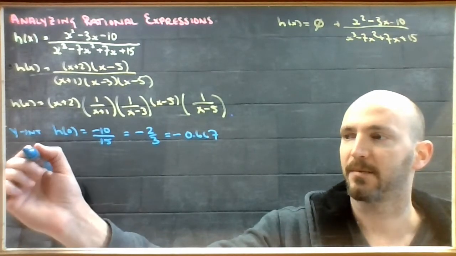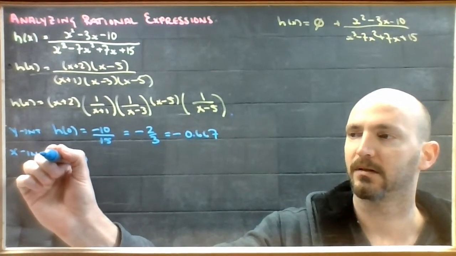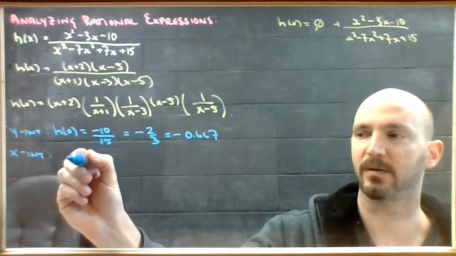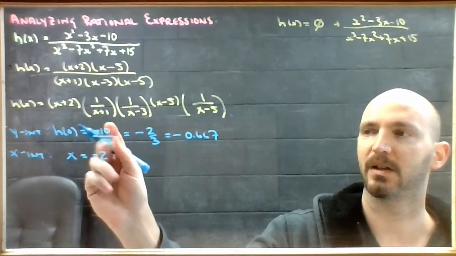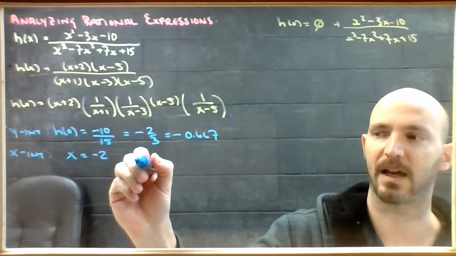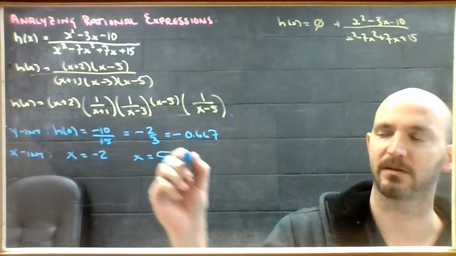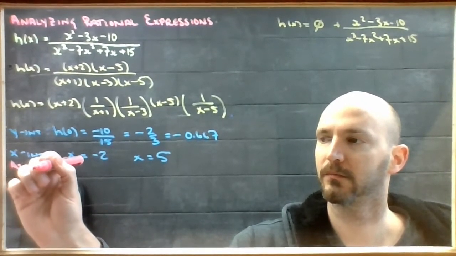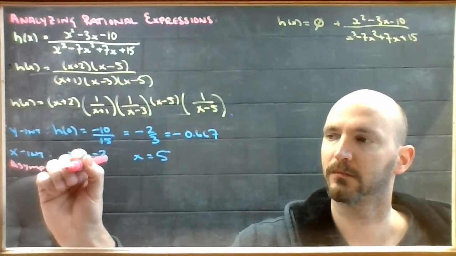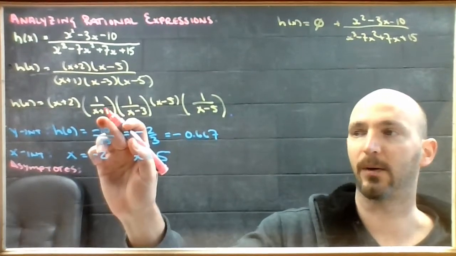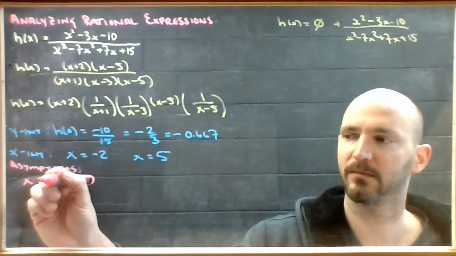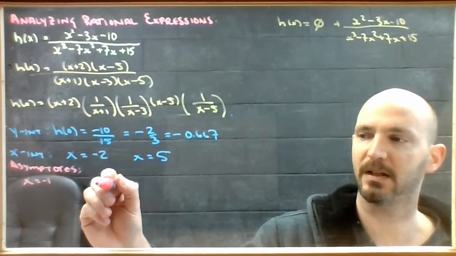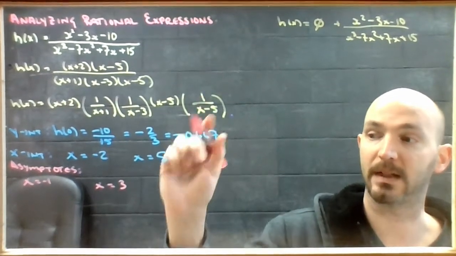And for x-intercepts, I'll have one at this place when x is negative 2, and I'll have one at this place when x is 5. And then I will have asymptotes at x equals negative 1, and at x equals 3, and at x equals 5.